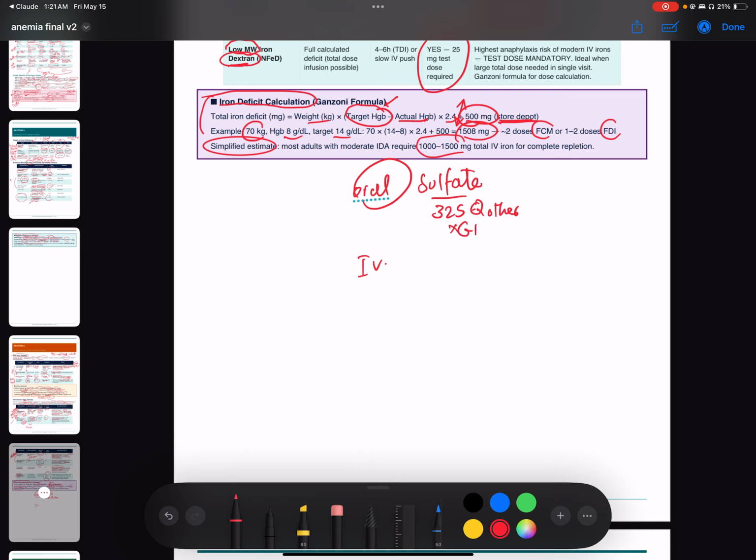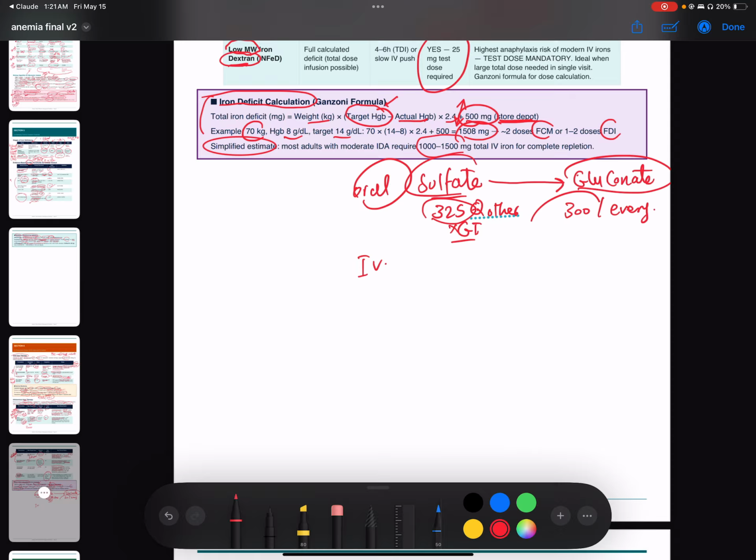If they don't tolerate it, with GI intolerance, we can switch from sulfate to gluconate. The reason it has better GI tolerance is because it has less elemental iron, so you need to give it every day. So just remember these two, sulfate and gluconate, 325 and 300.